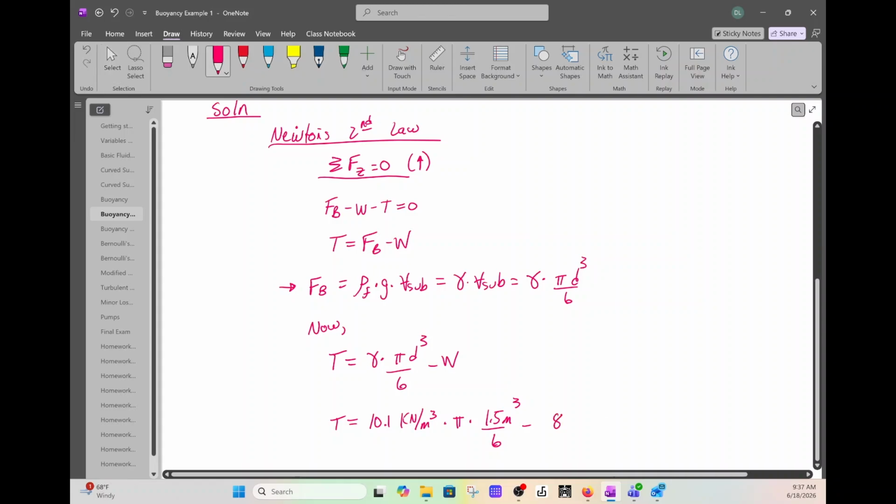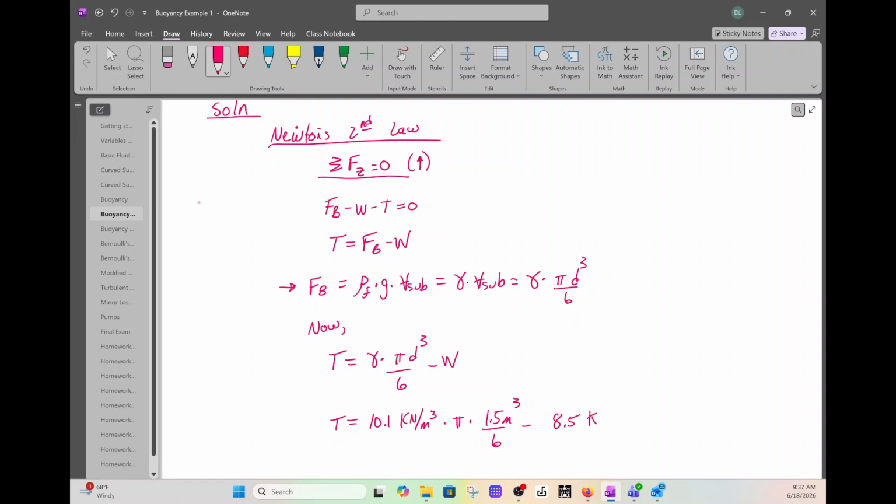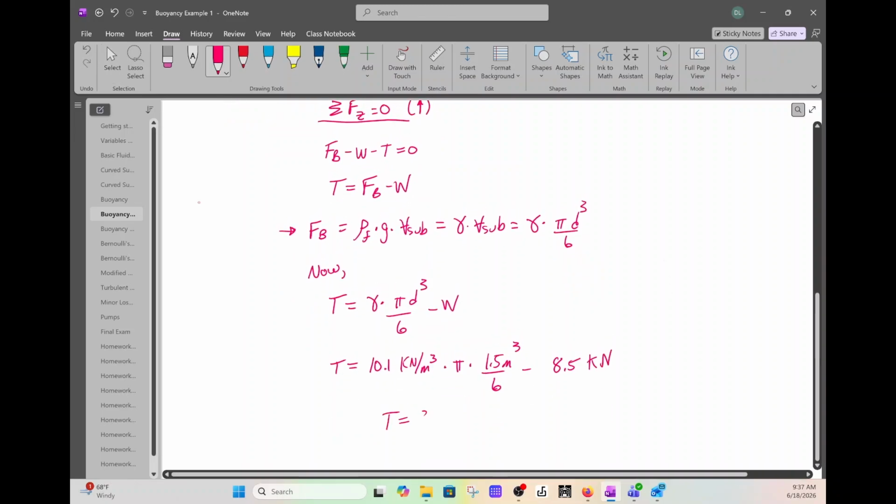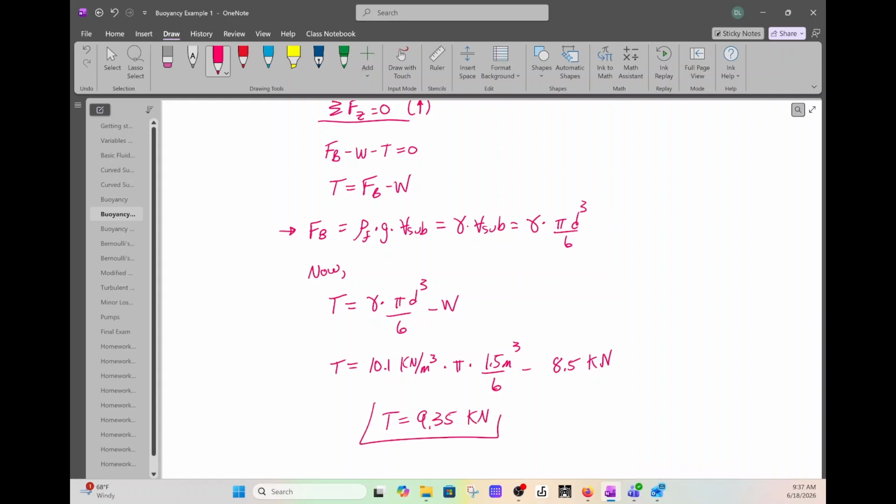W was 8.5 kilonewtons. So the tension becomes 9.35 kilonewtons. So we used buoyancy force, we used the weight force, we had a tension in the cable, so we could find the tension.